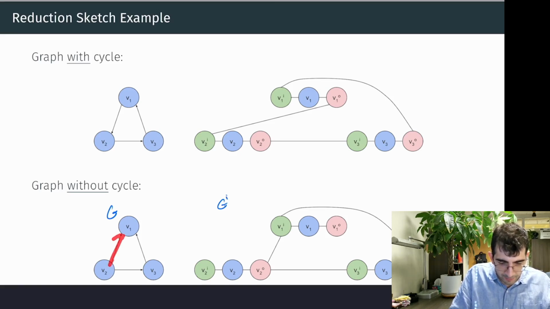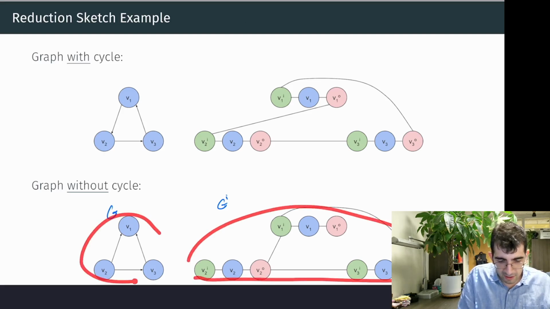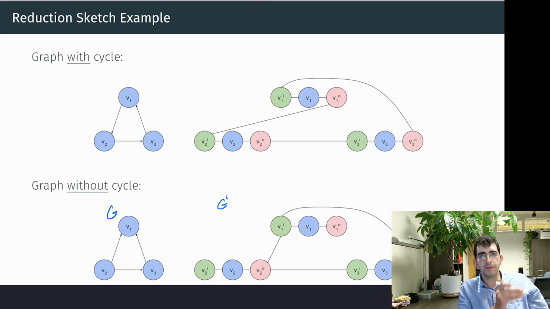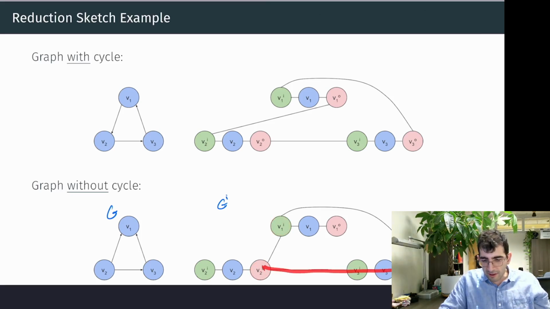What's happening here is that we have the same number of edges, but in this case, the edges are pointing in such a way that it breaks the cycle. So what do we do here? We create the same three nodes, but in this case, because we have two edges going into V1, we have two edges that go from an output node to an input node.